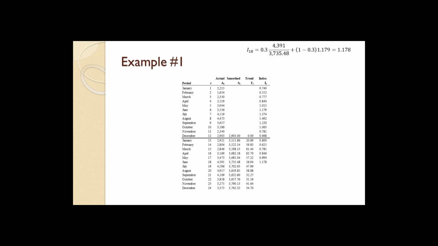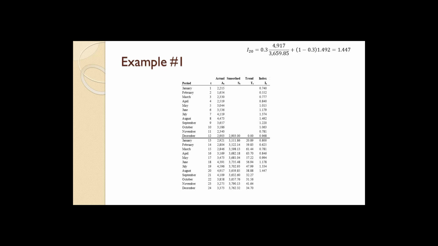The index for June, I sub 18 equals 0.3 times 4,391 divided by 3,735.48 plus 1 minus 0.3 times 1.179 equals 1.178. The index for July, I sub 19 equals 0.3 times 4,596 divided by 3,702.93 plus 1 minus 0.3 times 1.374 equals 1.334.